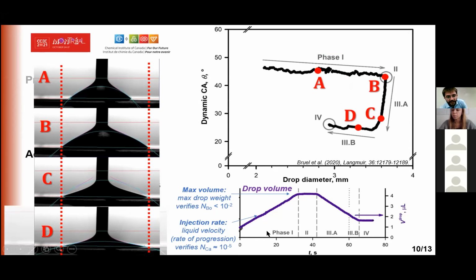Actually, the way through which I can control the influence of viscosity is through the capillary number. There is an experimental correlation that says that if your capillary number is below 10 to the power of minus 5, then you can estimate that the dynamic contact angle is equal to the static contact angle.